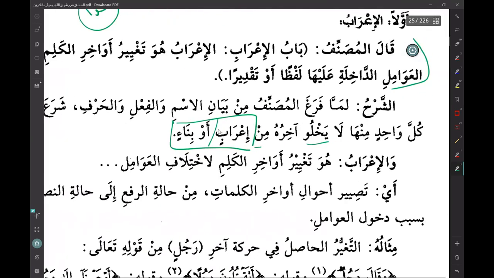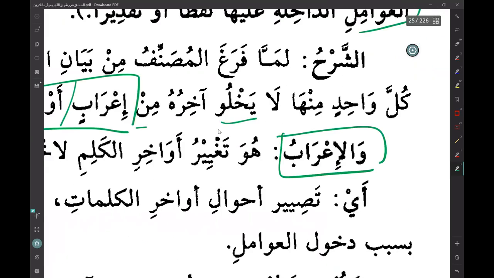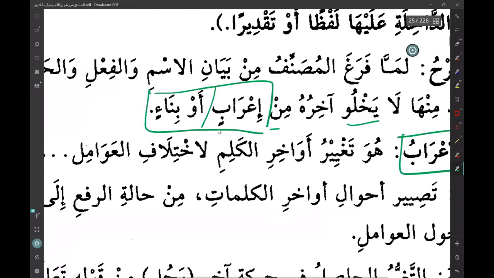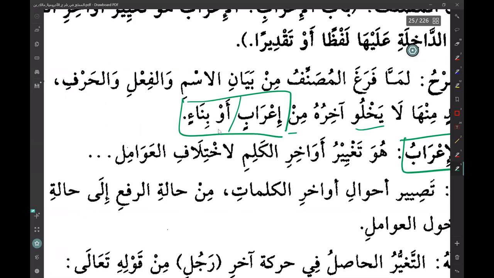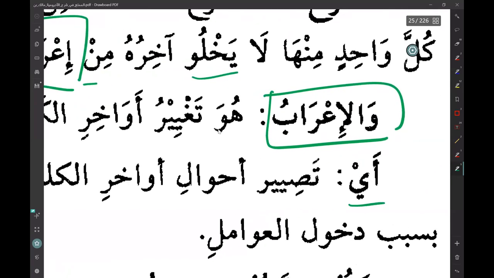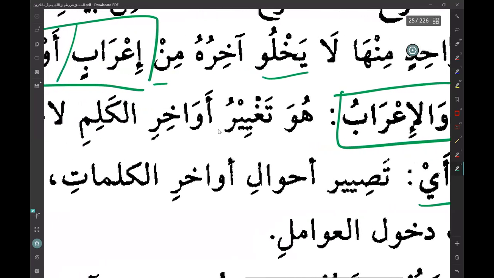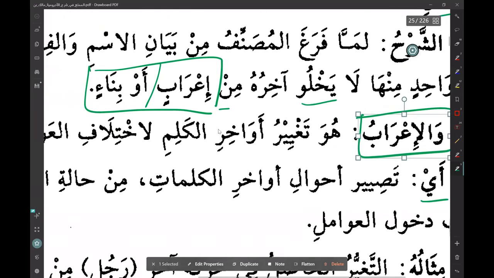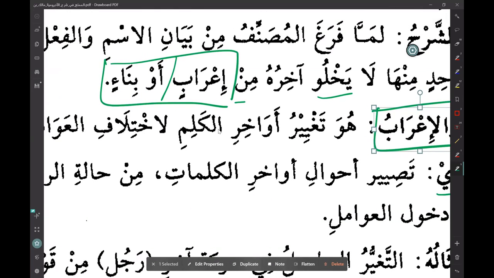Now, so he starts by saying, well, i'rab. The i'rab is what? وَتَغْيِيرُ أَوَاخِرِ الْكَلِمِ لِإِخْتِلَافِ الْعَوَامِلِ, whatever the author said, right? Okay, because this definition is not clear, let me see what he says. He says, أي, meaning تصير, changing, أحوال أواخر الكلمات. That means change of the ending of the word.